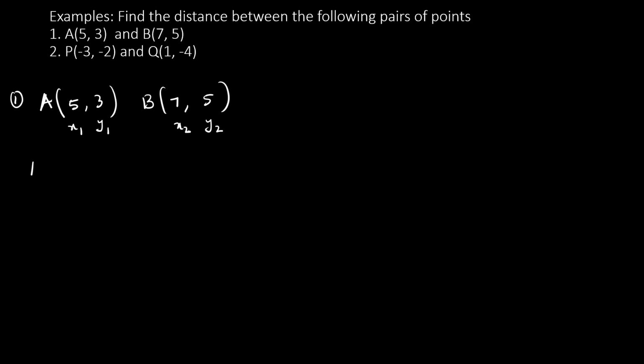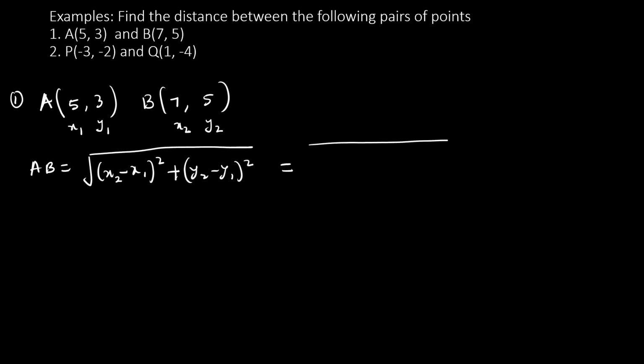Applying the formula, we have the distance between AB to be equal to the square root of x2 minus x1 squared plus y2 minus y1 squared. So here we have the square root of our x2 from this question, 7, minus x1, which is 5, squared, plus y2, which is 5, minus y1, 3, squared.